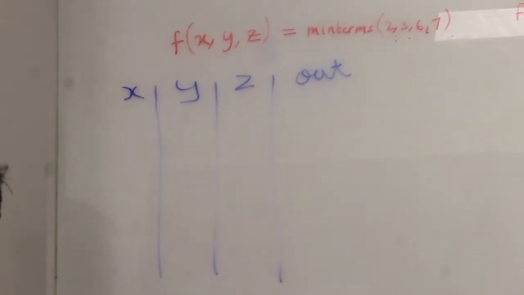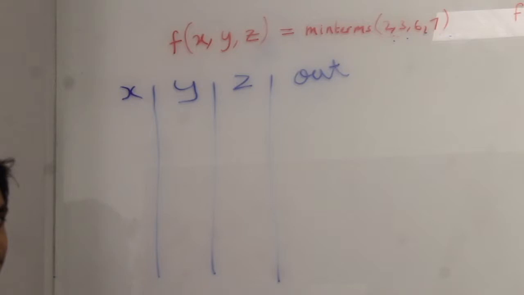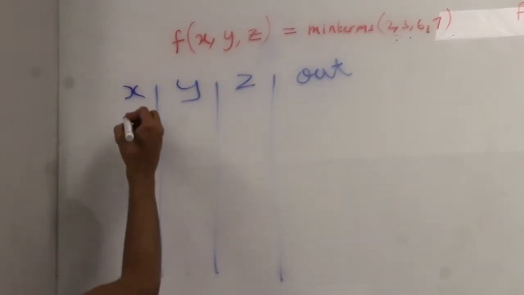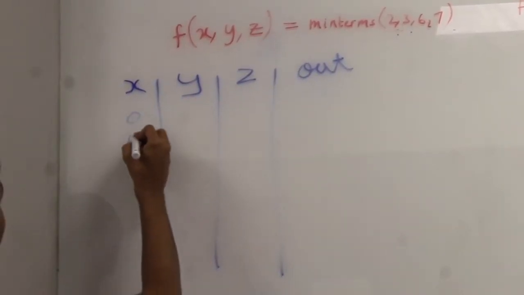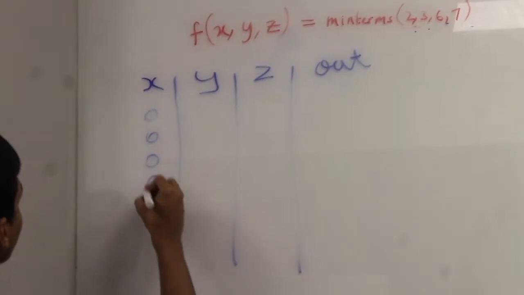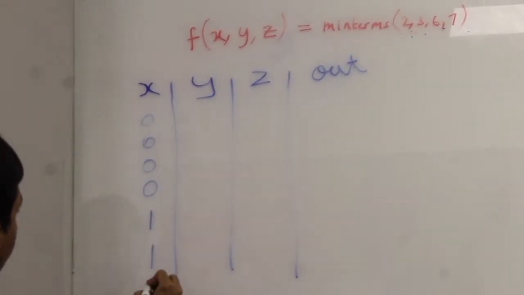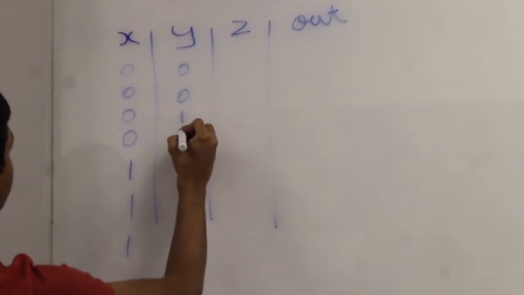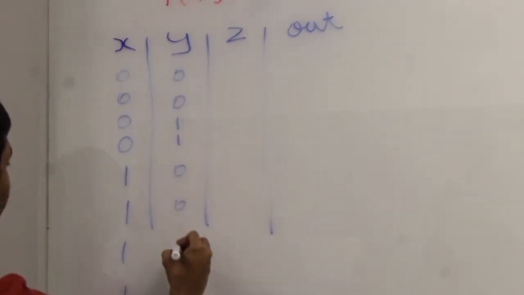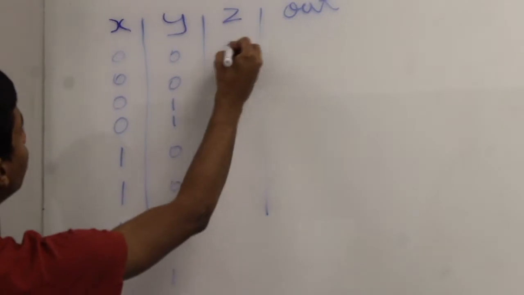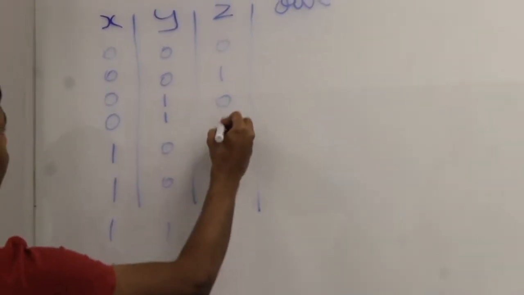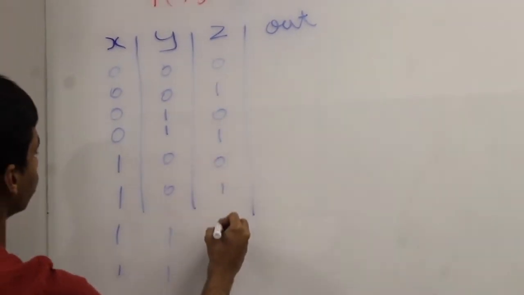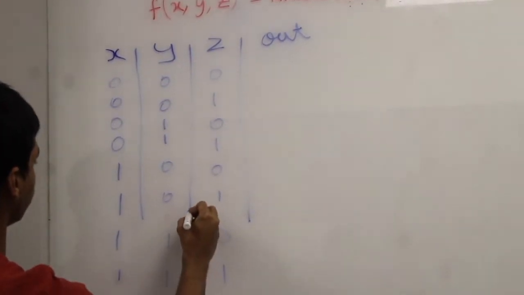The inputs of these will be 2 raised to 3, so 8 rows. So we have 0, 0, 0, 0, 1, 1, 1, 1, then 0, 0, 1, 1, 0, 0, 1, 1, then 0, 1, 0, 1, 0, 1, 0, 1.